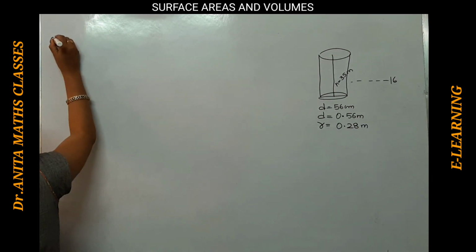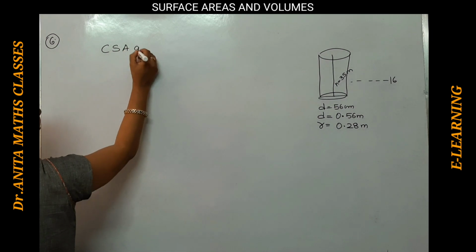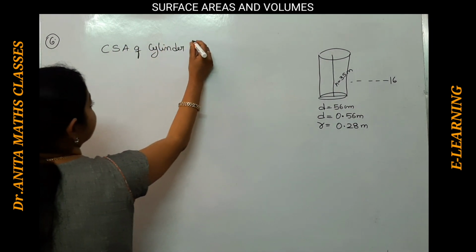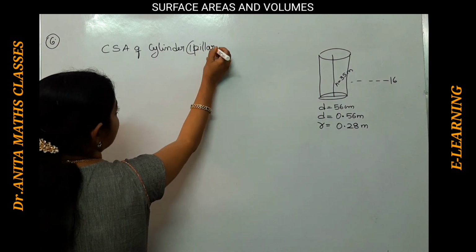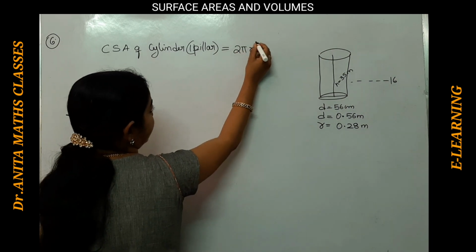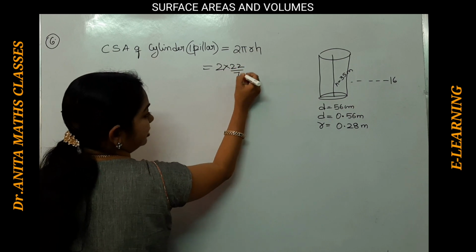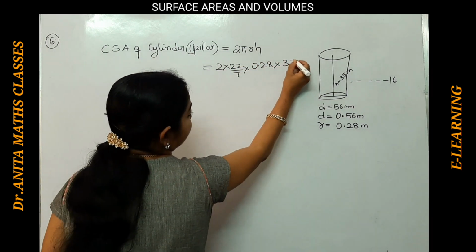Now, the CSA of a cylinder. Here our cylinder is one pillar. So the formula is 2 pi R H. 2 into 22 by 7 into R, which is 0.28, into H, which is 35 meters.